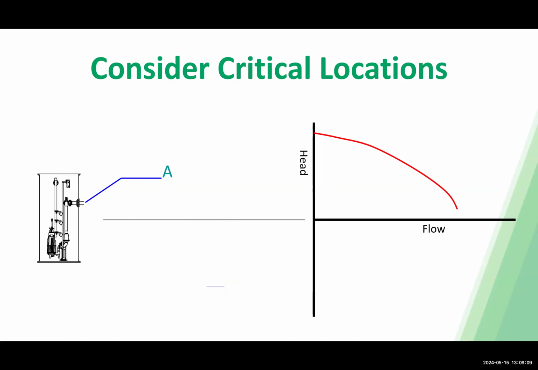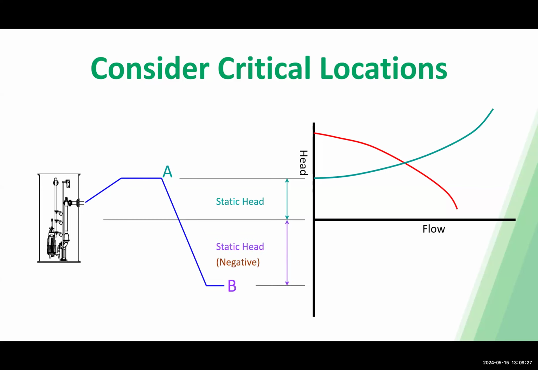So by mapping out your system head curve at point A, just taking into account that static head when the pump first turns on, because it has to overcome that pressure, you'll see that the system head curve is like this. But you also have to take into account that low point B and map out that system head curve as well, when your static head is negative. For this system, you can clearly see that this pump is going to work for both critical locations.